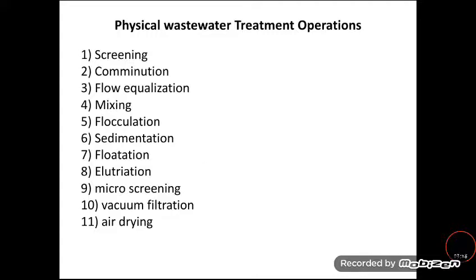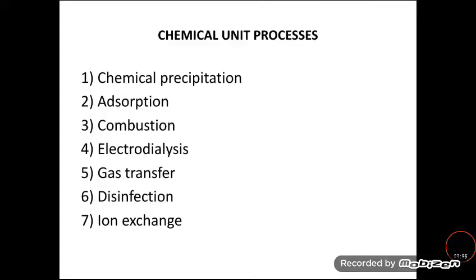Next are vacuum filtration and air drying. These are some of the physical operations we use for treating wastewater. Then the chemical unit processes are chemical precipitation, adsorption, combustion, electrolysis, gas transfer, disinfection to kill the pathogenic bacteria, and ion exchange.